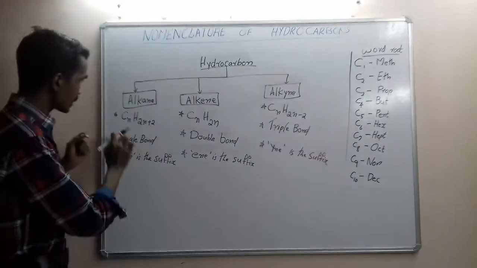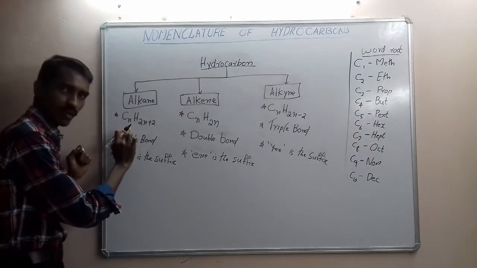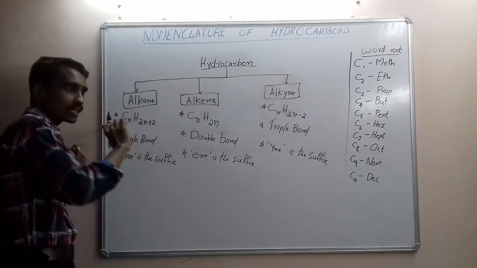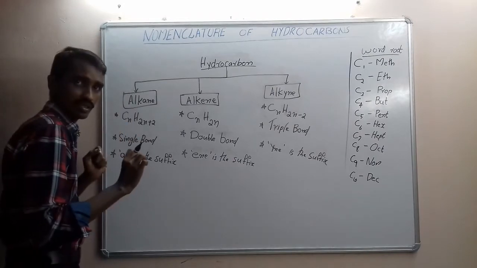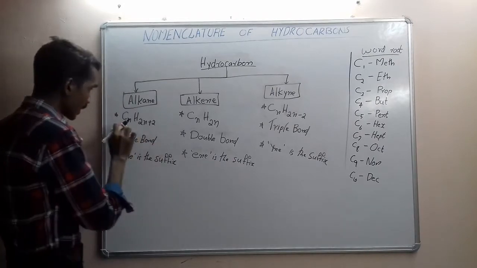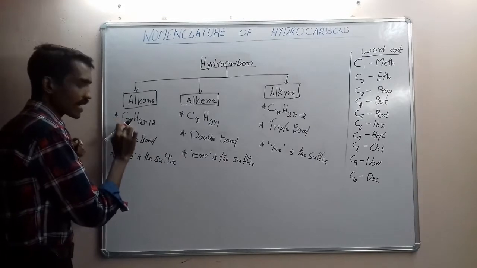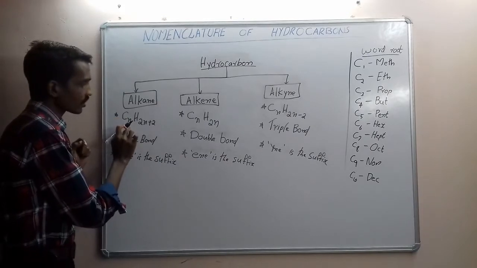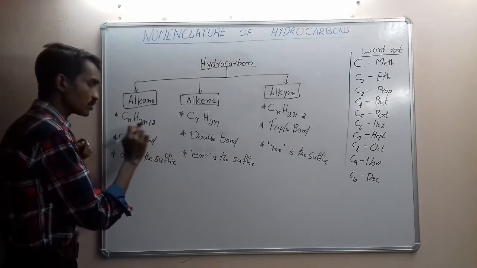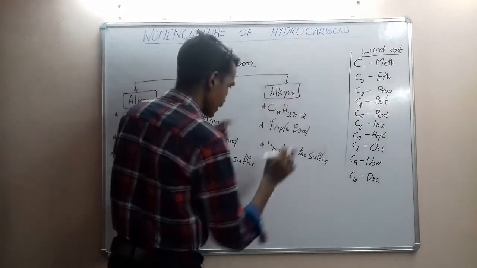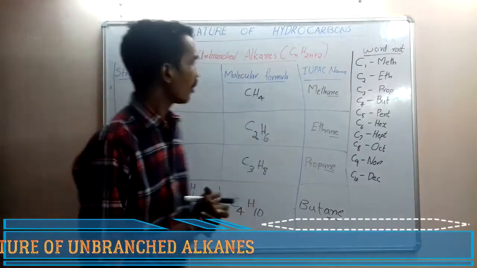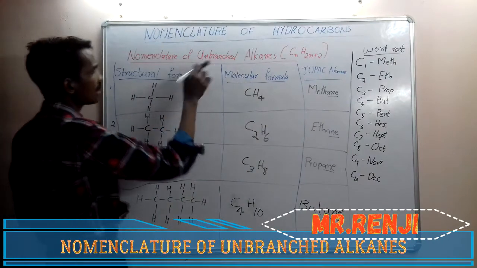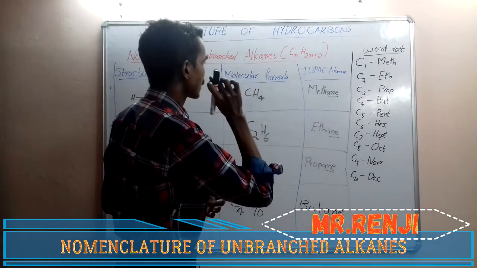One more thing: in the general formula, the small letter n denotes the number of carbon atoms. If one carbon is present, n is 1. Likewise 2n plus 2, 2n minus 2. Next is nomenclature of unbranched alkanes.